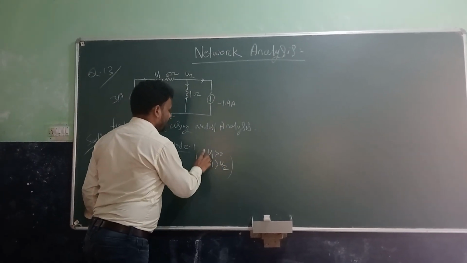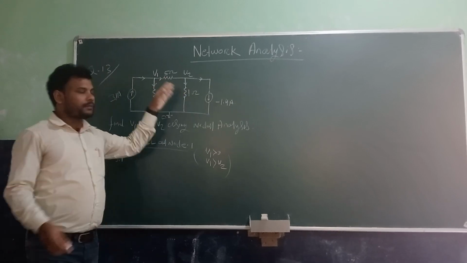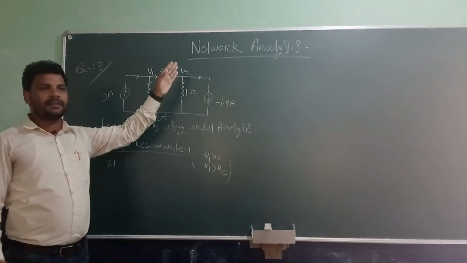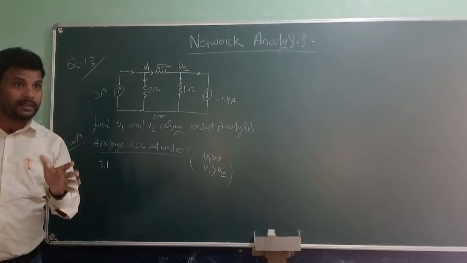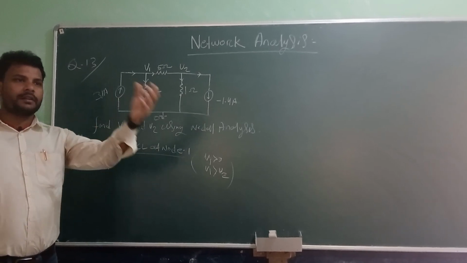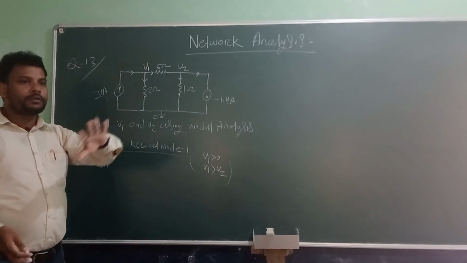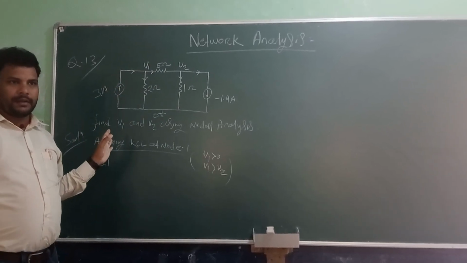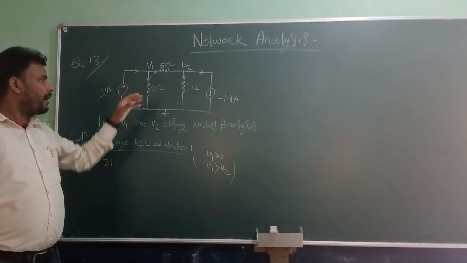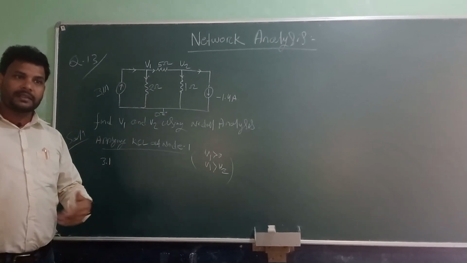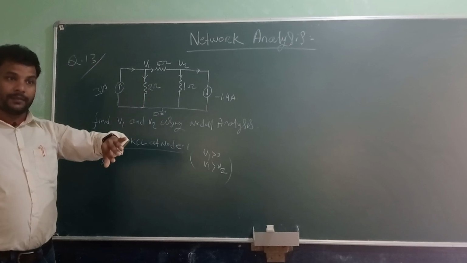This is our assumption. Assuming current flowing from V1 to V2 means V1 should be greater than V2. After simplification, we may get V2 greater than V1, but our assumption is V2 less than V1, or V1 greater than V2.